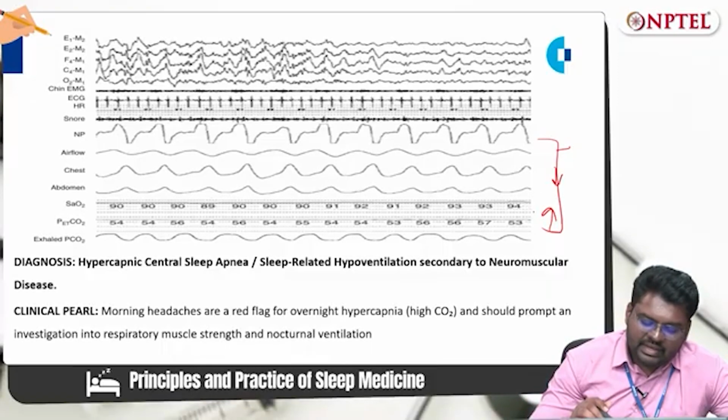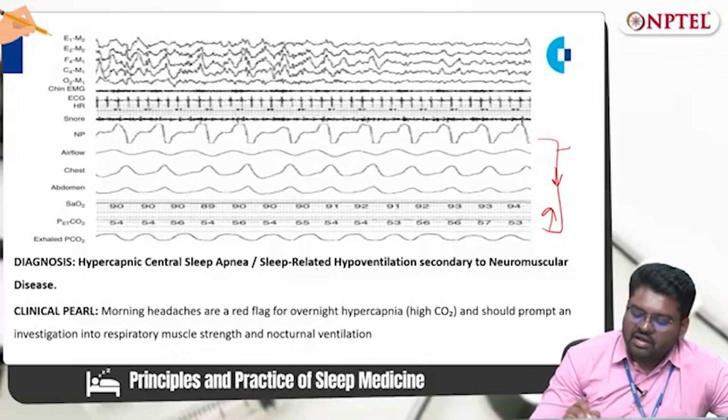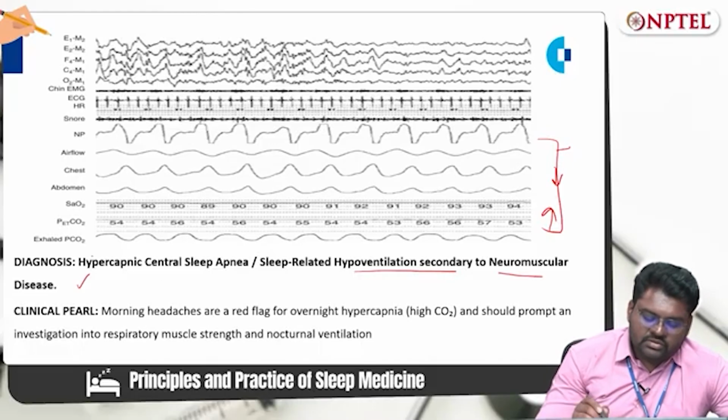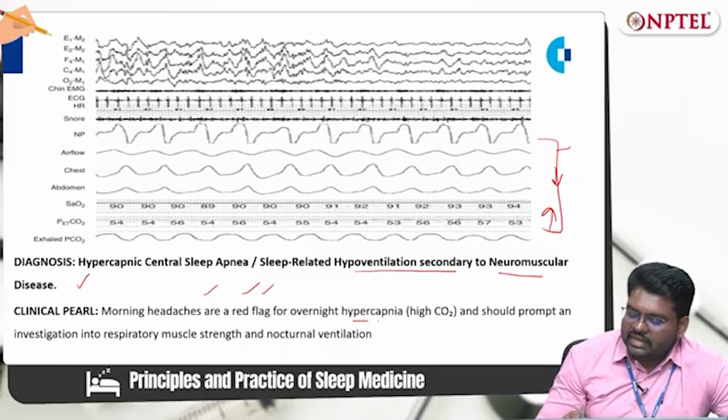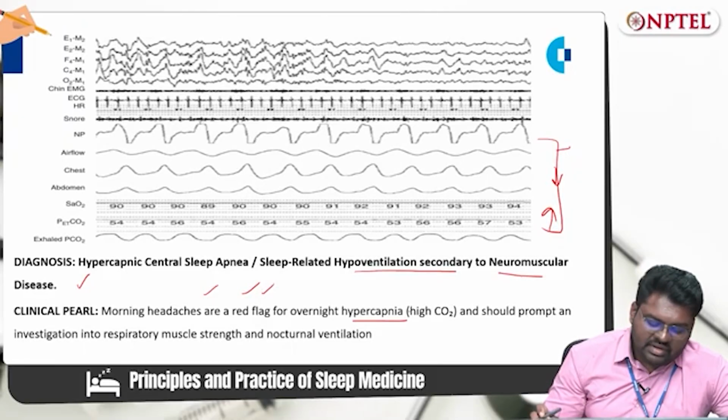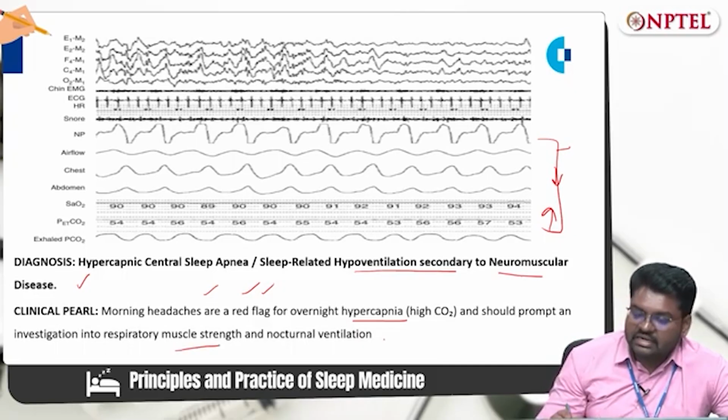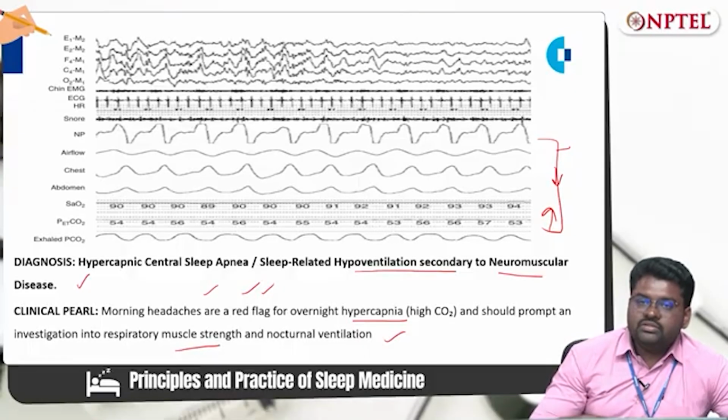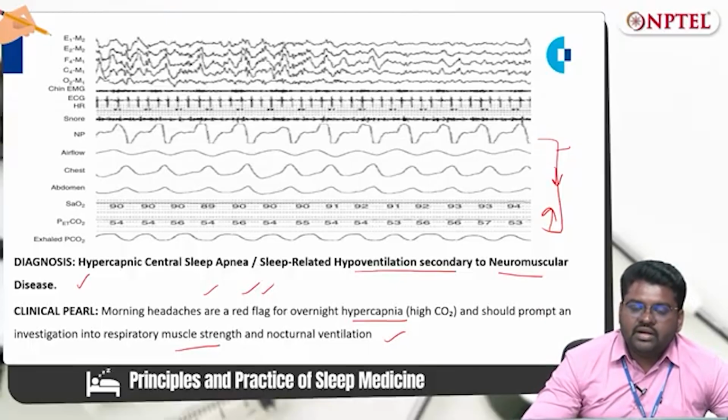So it is a hypercapnic central sleep apnea or sleep-related hypoventilation syndrome secondary to neuromuscular disease. Morning headaches are the red flag for overnight hypercapnia and should prompt an investigation into respiratory muscle strength and nocturnal ventilation. So with this, now we are going to conclude.